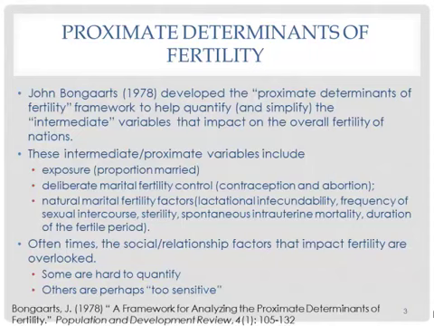And I think there are questions around contraception and abortion that we need to be paying a bit more attention to. Natural marital fertility factors, including lactational infecundability, frequency of sexual intercourse, which we'll be talking about a bit more later on in this presentation, sterility, spontaneous intrauterine mortality, and duration of the fertile period.